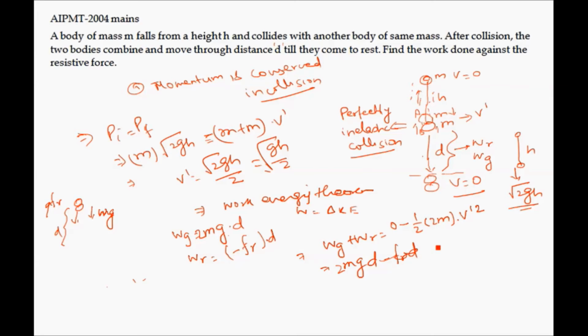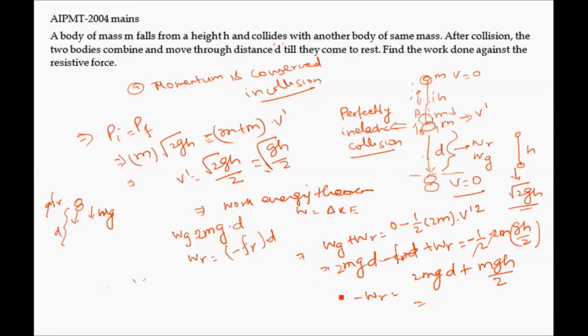In fact, instead of minus Frd, we write Wr here because we have to calculate Wr, and it is equal to 1 by 2 into 2m into v dash square, where v dash square is gh by 2. So we get minus Wr is equal to 2mgd plus mgh by 2.